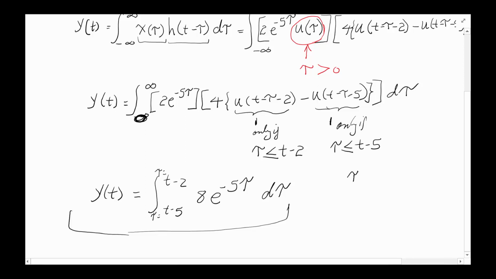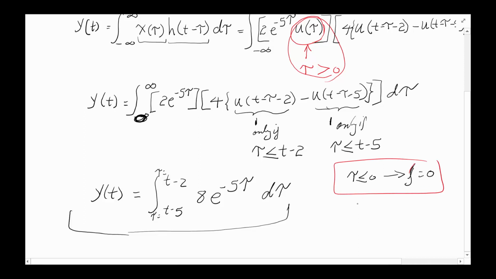But when tau is less than or equal to 0, the whole integral is equal to 0. Remember why: that was the rule that allows us to do away with that one, because we agreed that the integral is equal to 0 when t is less than 0.